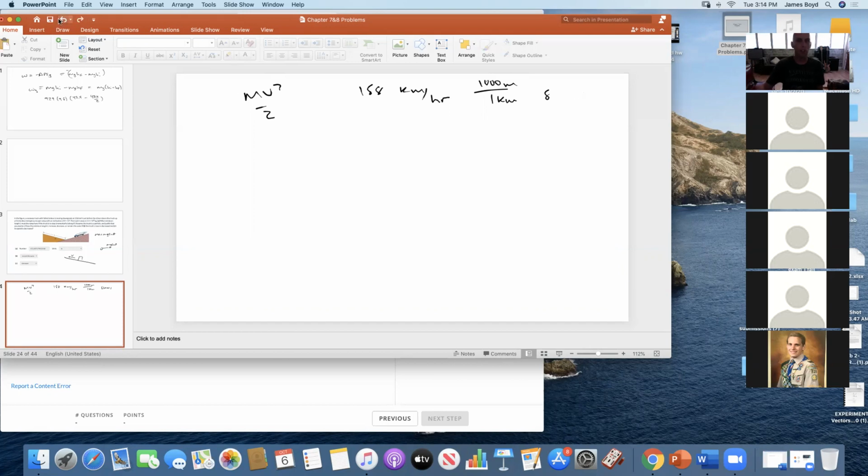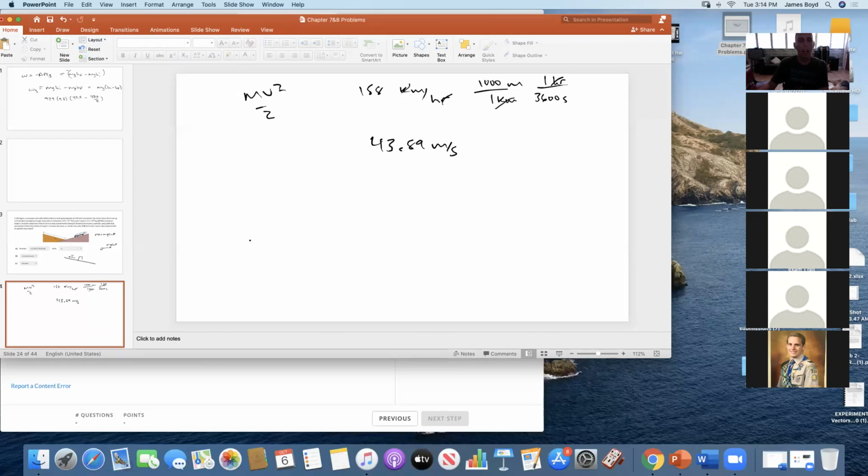It's 3,600 seconds in 1 hour. Those cancel, and we get 1,000 divided by 3,600 times 158. He was doing 43.89 meters per second when he hits this ramp.